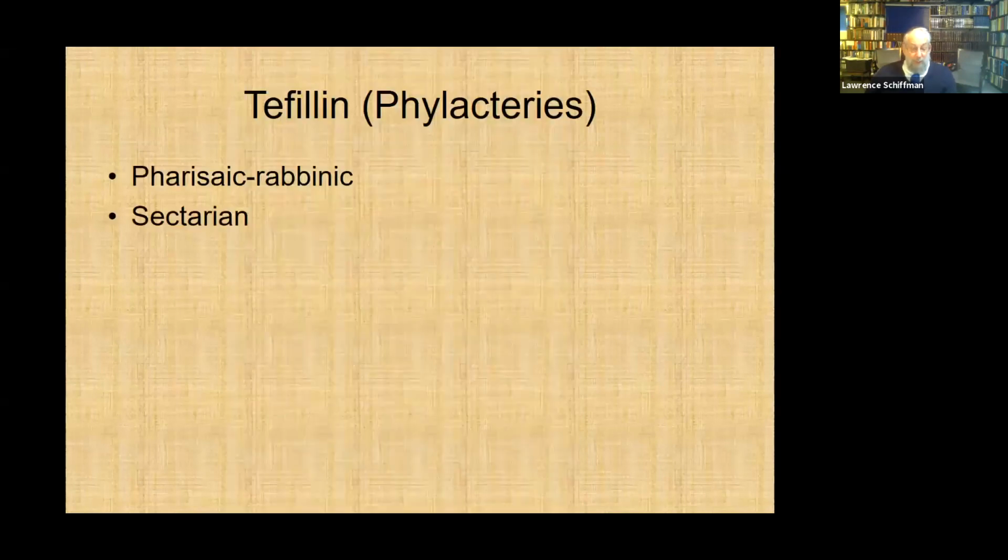Now I want to show you, as we transfer into the scrolls, first the tefillin, phylacteries. There are two kinds of these found in Qumran. There are some that, with their contents, we say are similar to what the Pharisaic rabbinic texts require. Some have the same 4 texts inside of them, but start earlier or later.